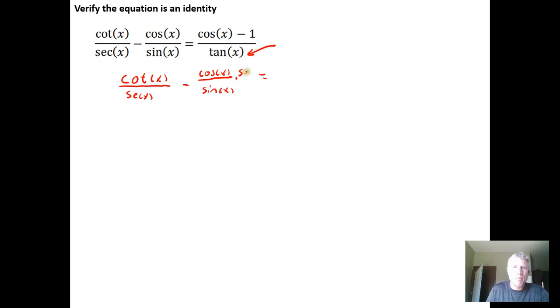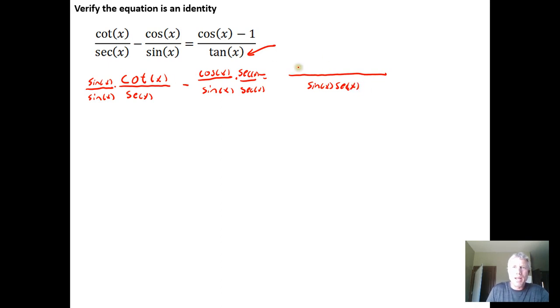So I'm going to multiply by secant of x over secant of x. And over here I'm going to multiply by sine x over sine x. And that's going to give me a common denominator, sine x secant x.